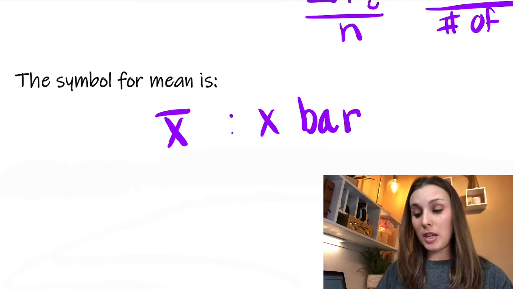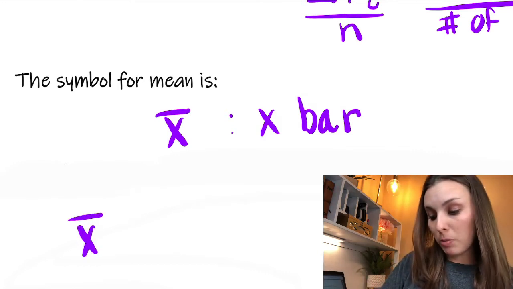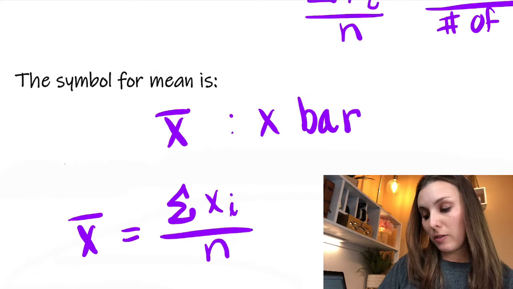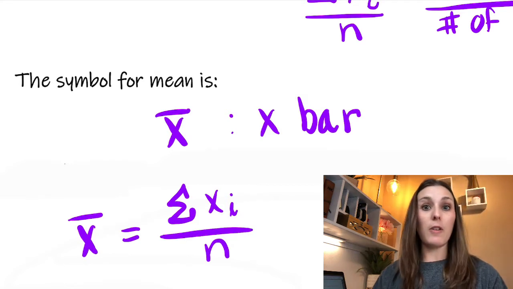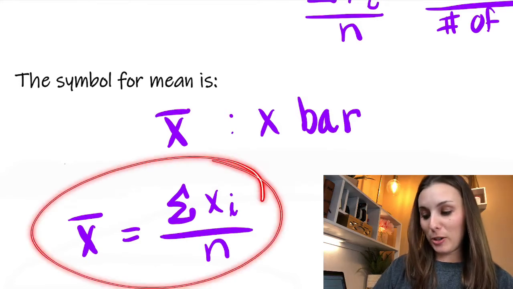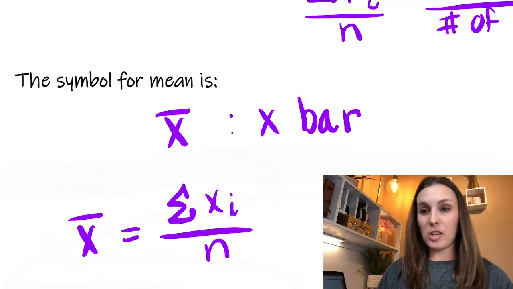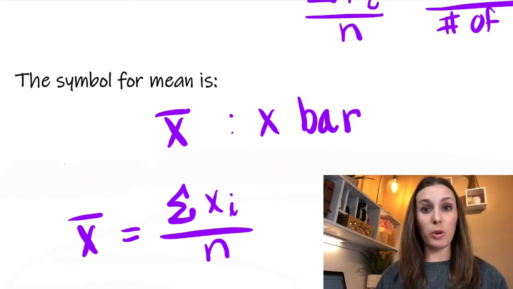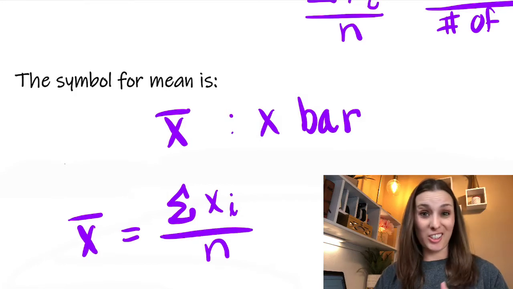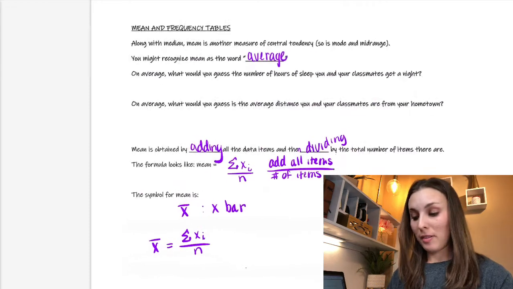And so you'll see in textbooks this formula, x bar equals the sum of all the x's divided by the number of elements in the set. So when you see this crazy symbolism, that's just mathematical notation for the mean. Mathematics kind of has its own language with its own symbols, and so it's kind of like you're learning a second language when you learn math.